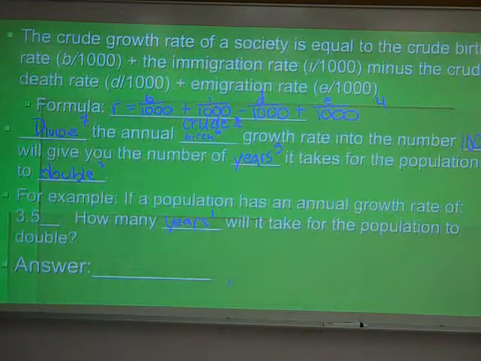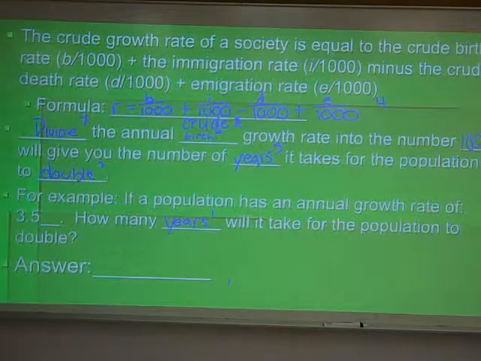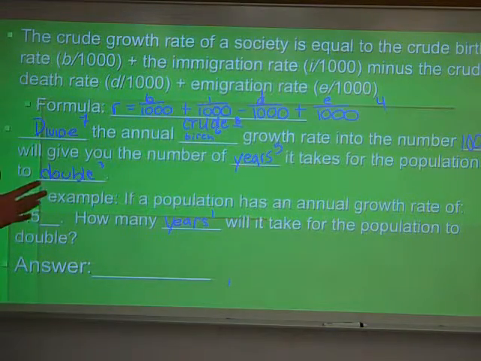Okay? And so, the other thing you need to know is that with these values, demographers, yes, that's a job, like to use 1,000 as the reference number. Okay? Whereas in percentages, what's the reference number? 100.